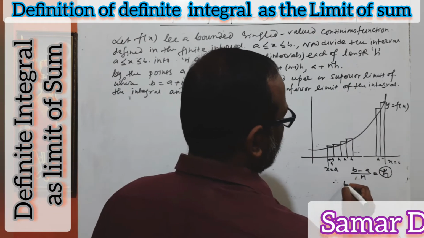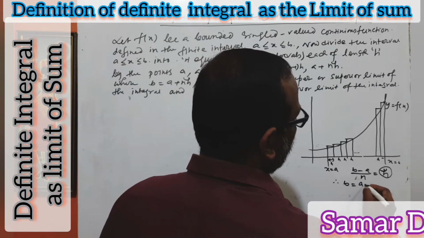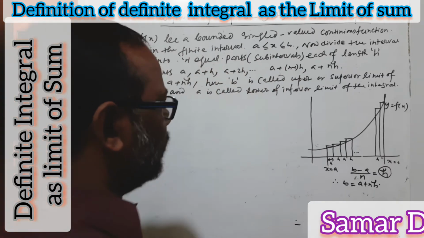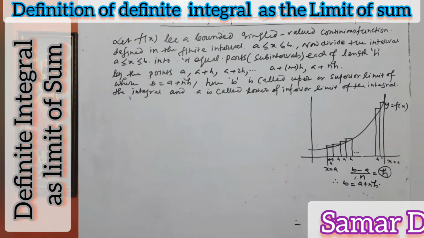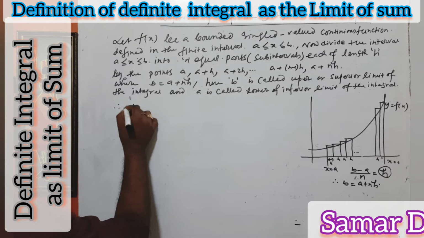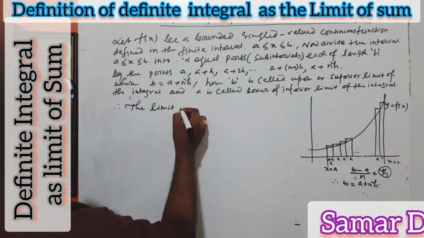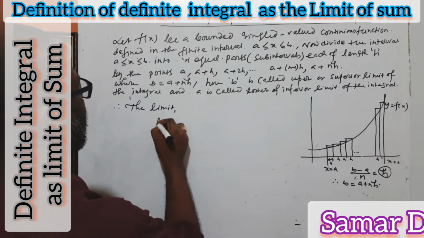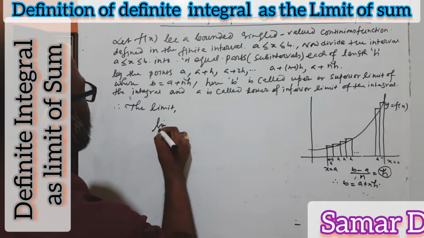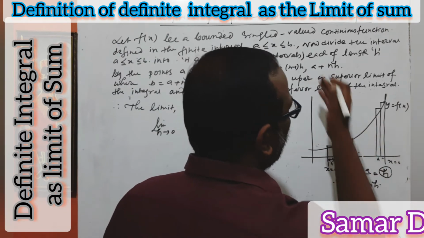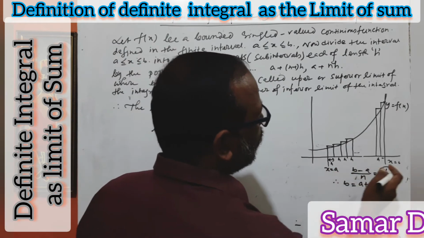So therefore we can write b equal to a plus nh. Therefore the limit h tends to 0.